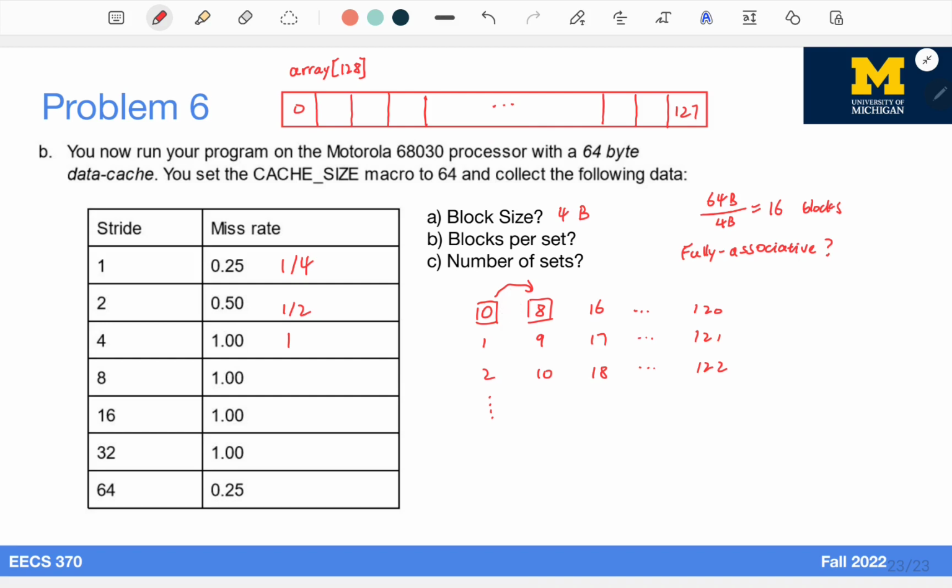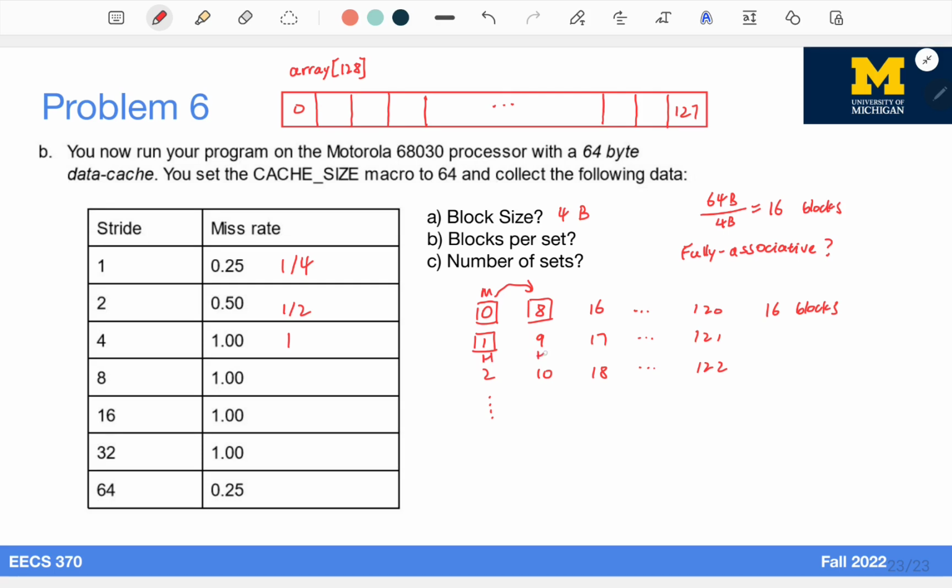Therefore, in every inner loop, we will actually only access 16 blocks. And if our cache is a fully associative cache, it can fit in our cache just well. And if we come back to 1 in the next iteration, this block should not have been evicted yet, and we will have a cache hit.